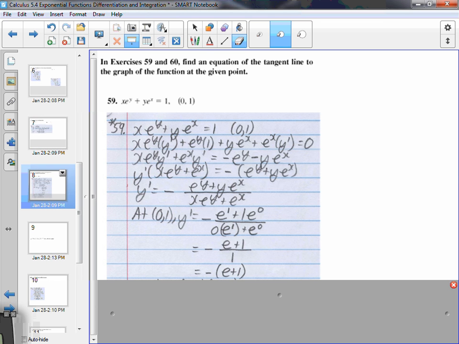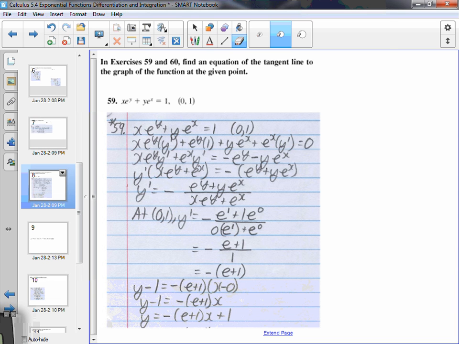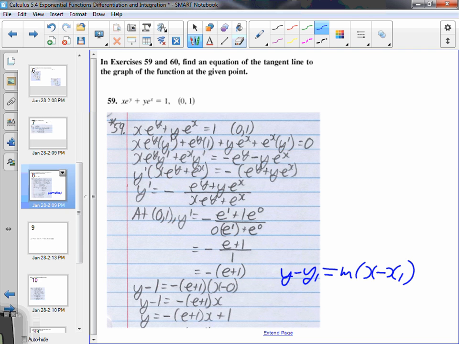Okay? Now, use point slope form. y minus y1 equals m times x minus x1. So you will replace x1 with 0, replace y1 with 1, replace m with negative quantity e plus 1.